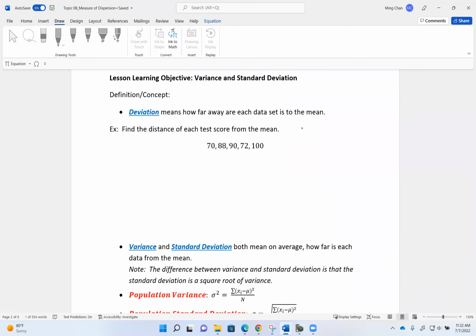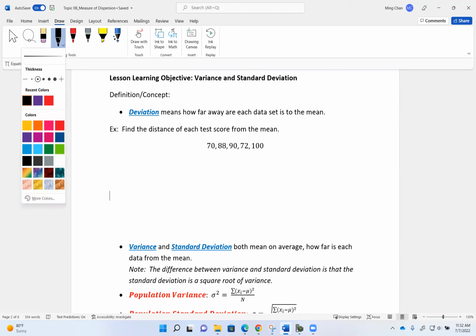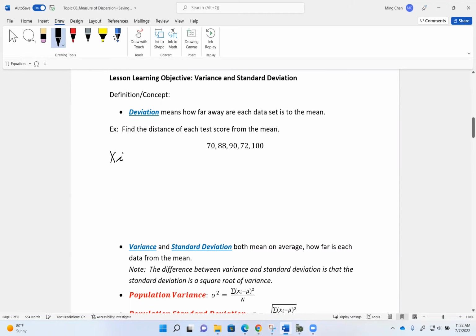Individual data are called xi. So I've got 70, 88, 90, 72, and 100. For the distance to the mean, I need to find the mean first, right?